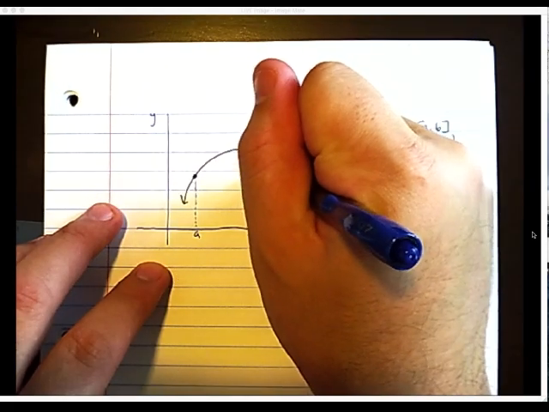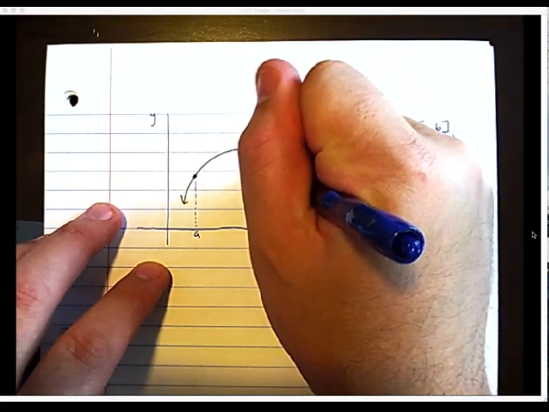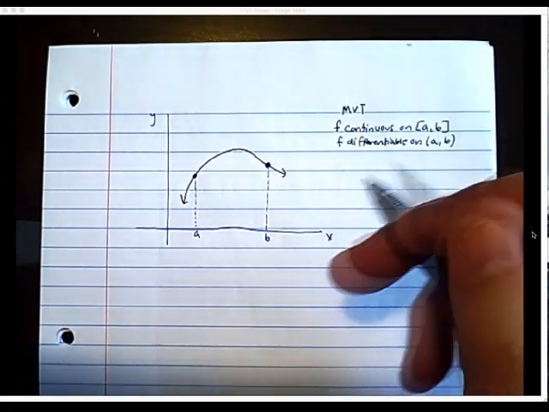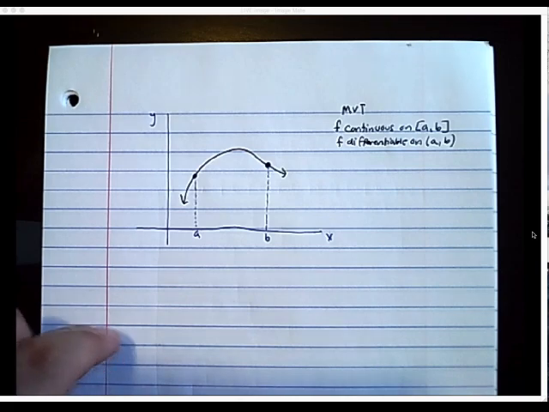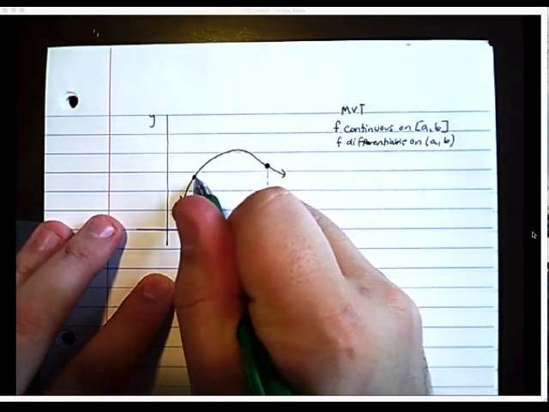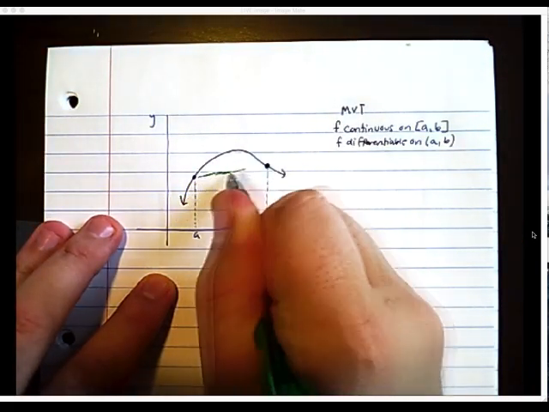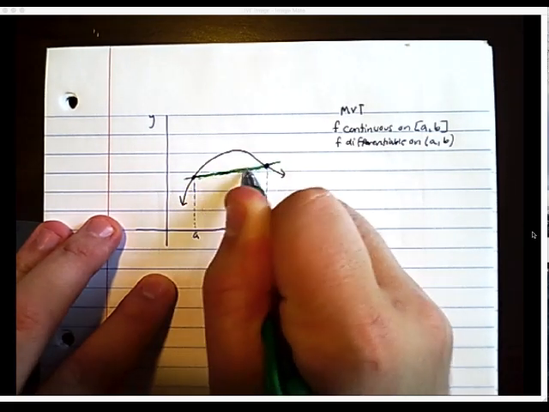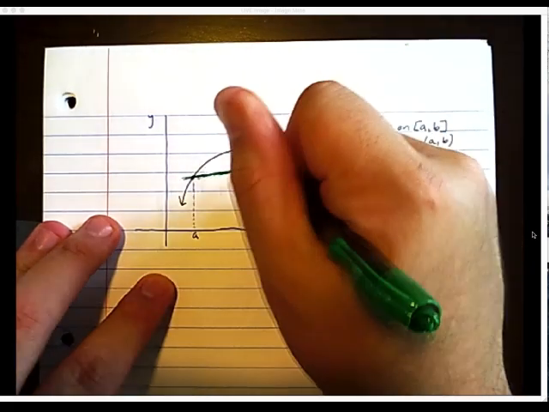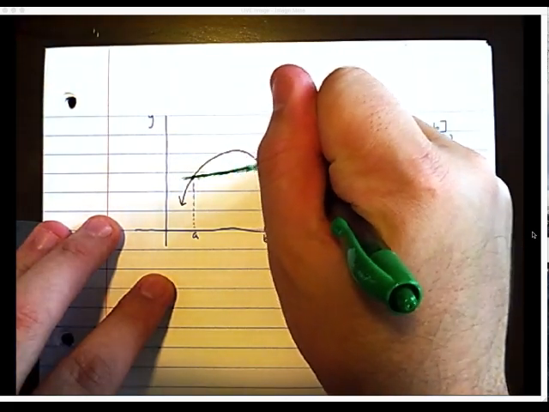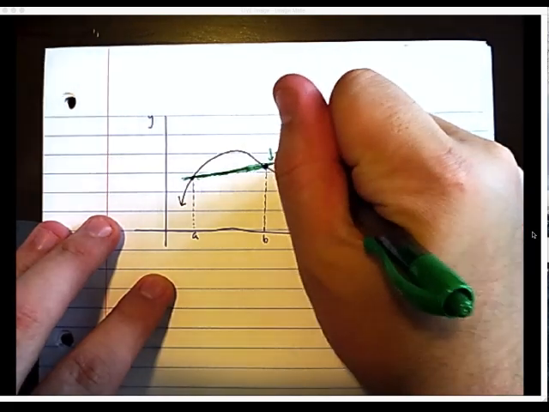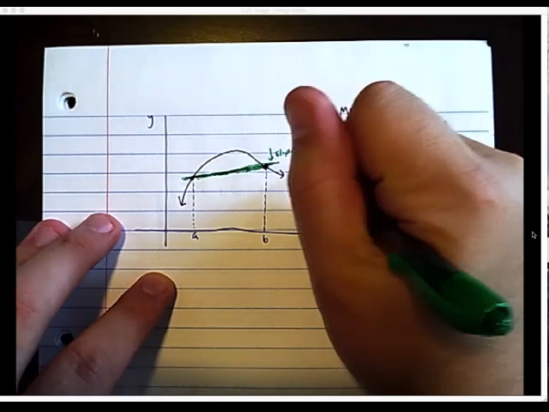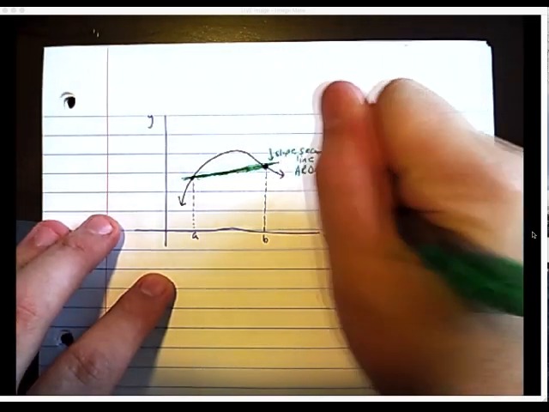All right. If I were to draw in a secant line between these 2 points, the slope of this secant line is what we call the average rate of change.